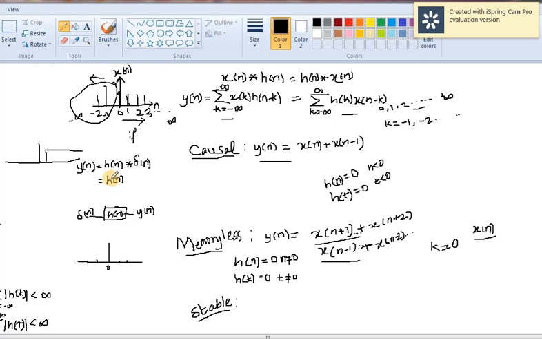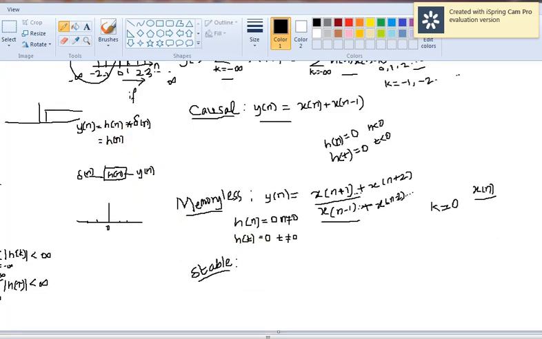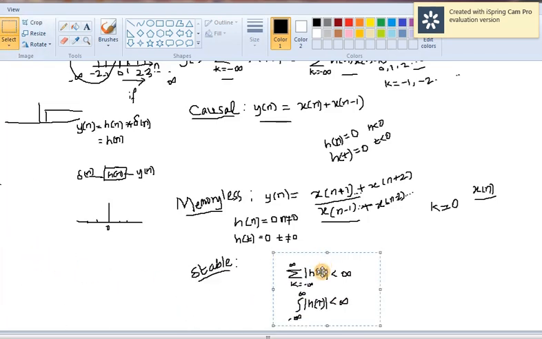The condition is the summation over k from minus infinity to plus infinity of the magnitude of h of k. If the answer works out to be less than infinity, then the system is stable. If we get infinity, then it is not stable.